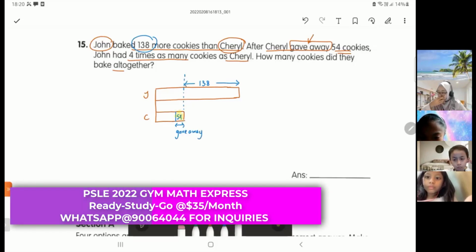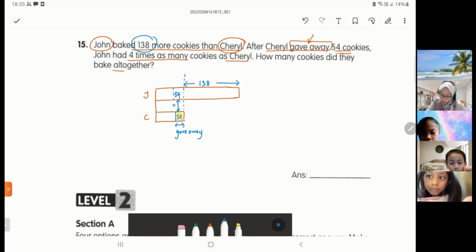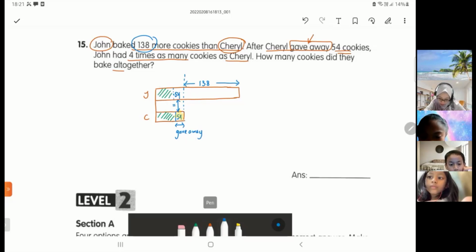All right. So when you take it out already, this 54 is also inside this model, right? This is also 54. This and these are the same. Can you see? They are the same, all right? So right now, the equal part is actually this one and this one. They are supposed to be the same. Maybe my drawing is a bit off.